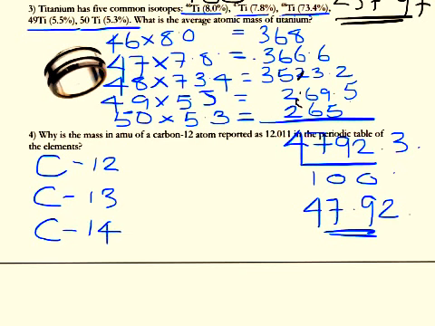So because carbon-12 is by far the most abundant, its atomic mass is going to be much closer to 12 because of the relatively smaller proportions of 13 and 14. But if we knew what the percentages of 12, 13 and 14 were, we could work it out using a method just like we did up here.